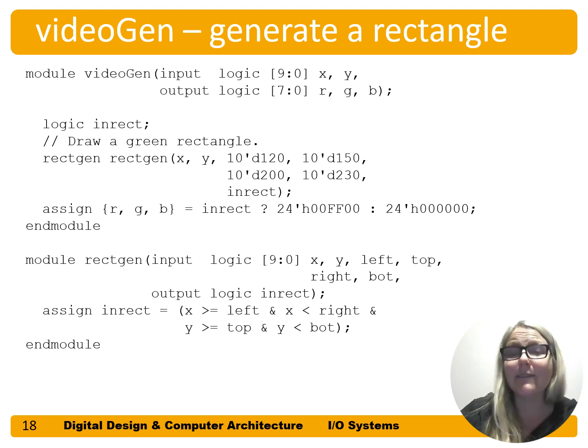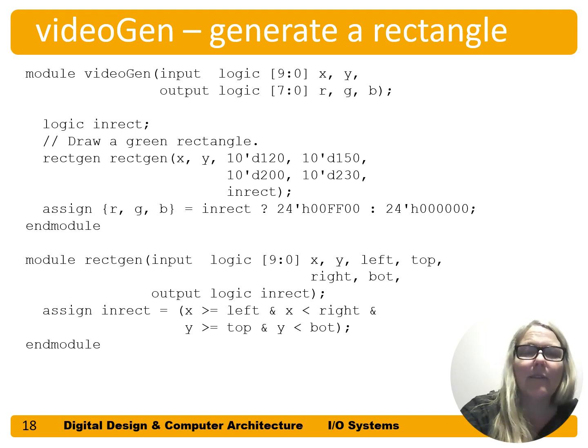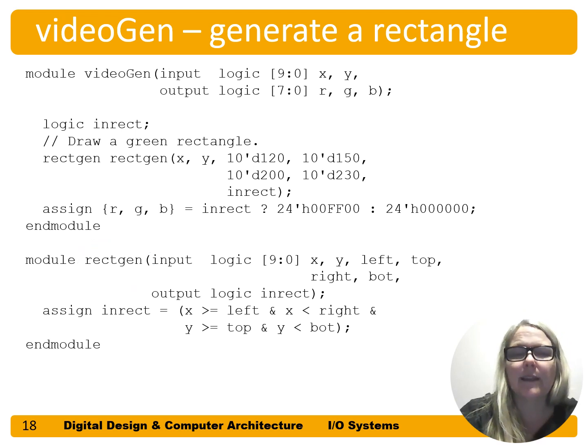Here's another relatively simple VideoGen module. We're going to have this recgen, or rectangle generate, module here. We're going to give it the current XY position and where we want the left top and right bottom of a rectangle to be.